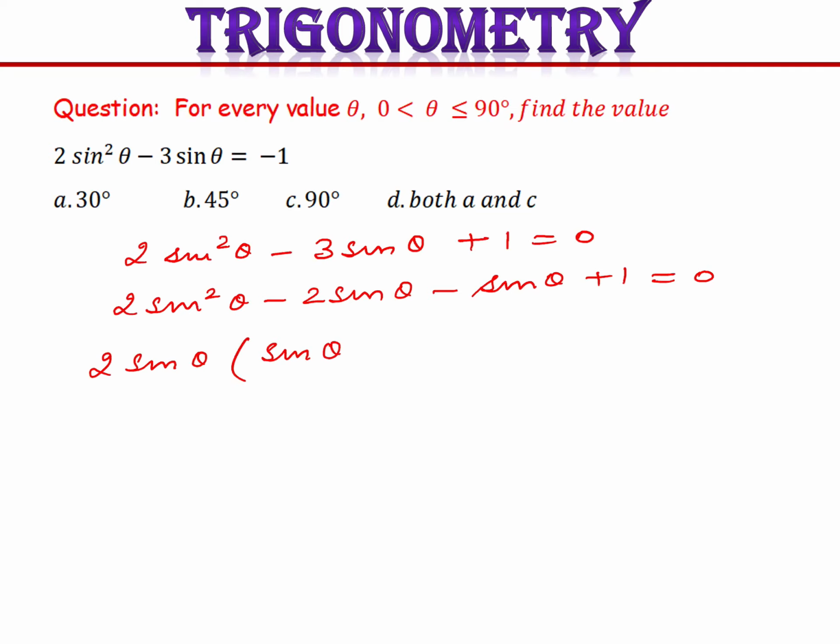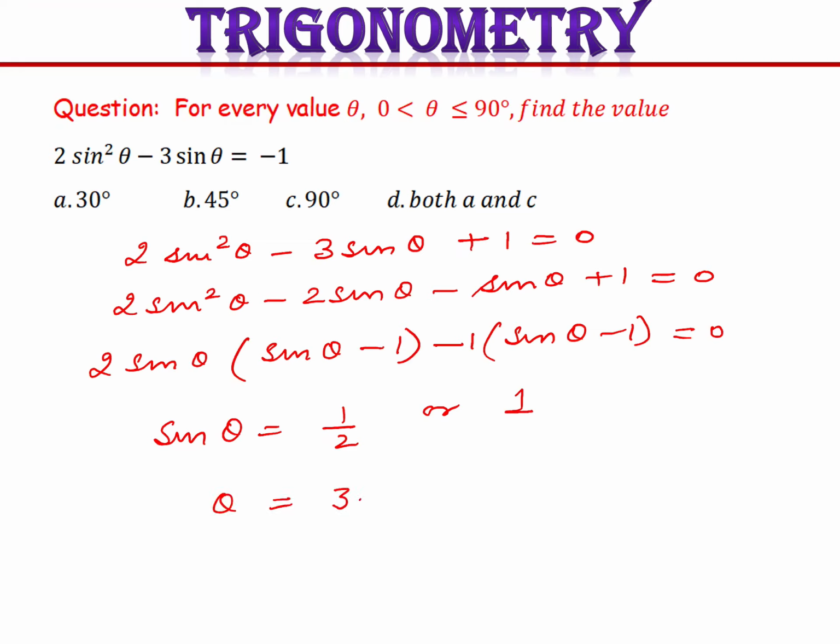I get (sine theta minus 1) minus (sine theta minus 1). So finally sine theta is equal to 1 by 2 or it will be equal to 1. For 1 by 2 the angle is 30 degree, and for 1 it is 90 degree. Now here you can see that in the given condition there is an equal to sign at 90 degrees. So both of them are my answer. So my answer is option D here.